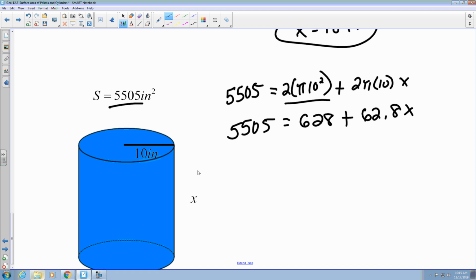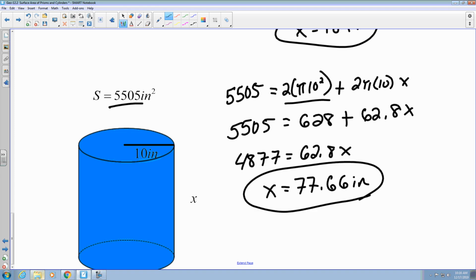Subtract 628 from both sides, so 5,505 minus 628 is equal to 4877 is equal to 62.8x. Divide that by 62.8. x is going to be roughly 77.66 inches.